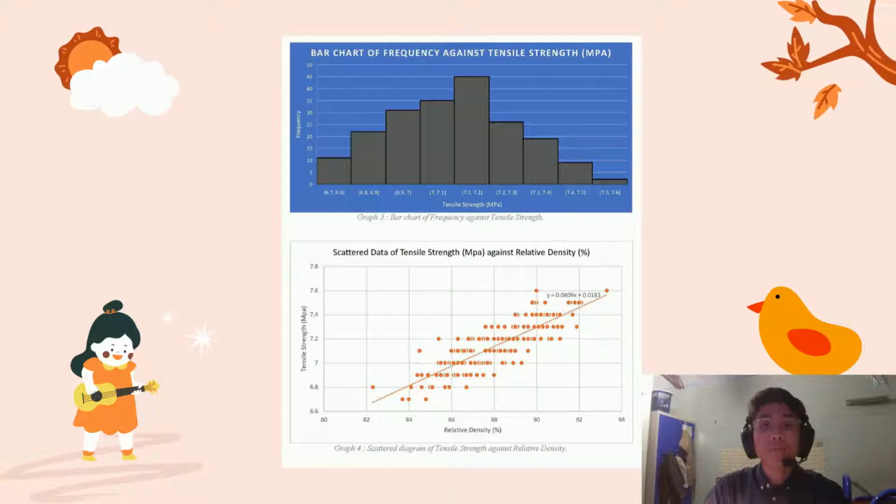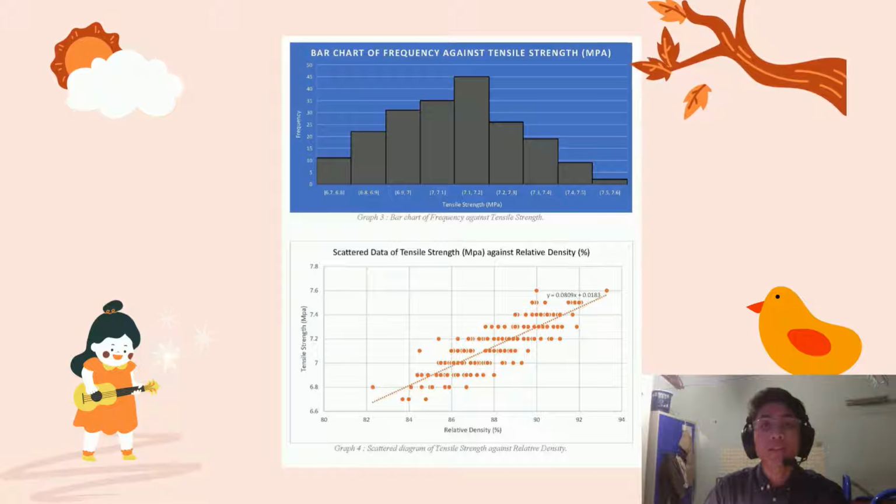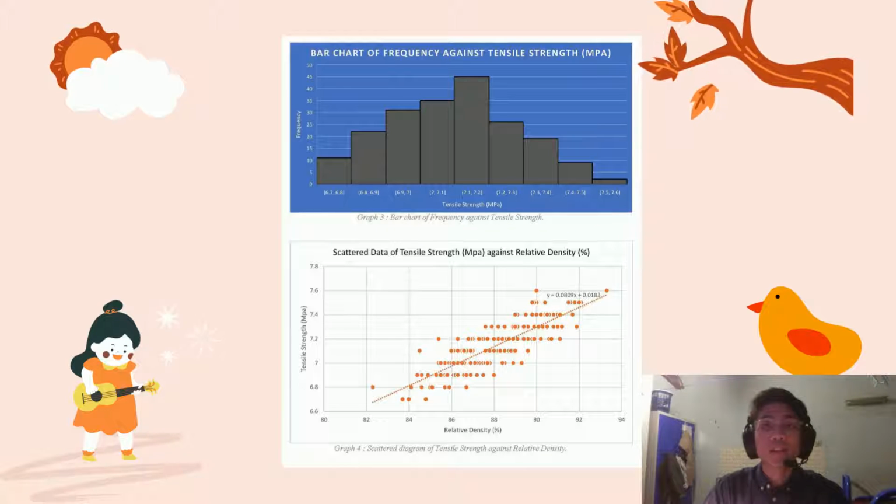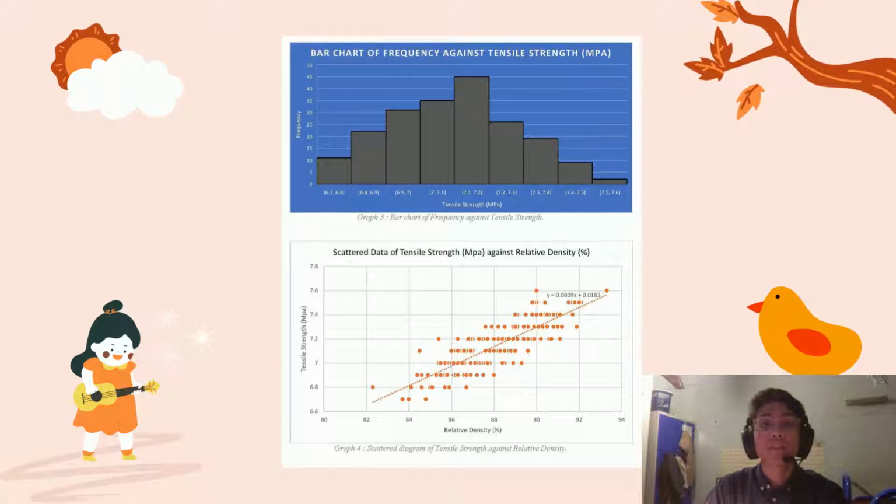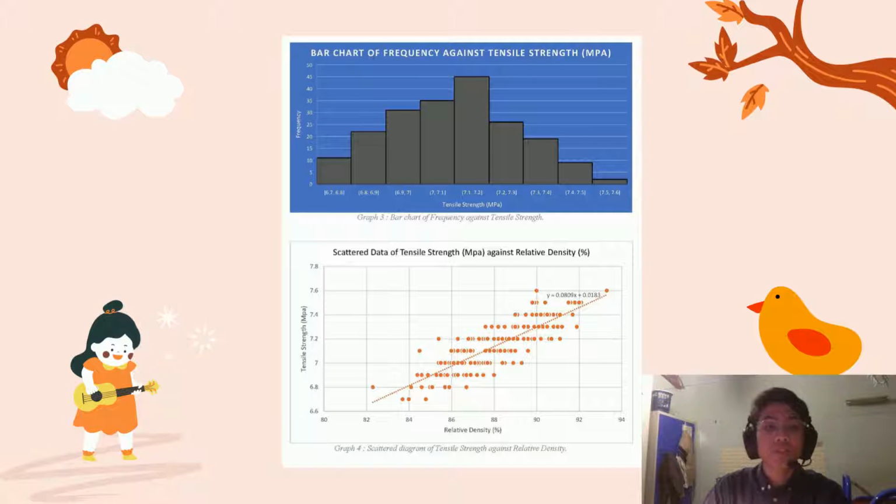Graph 3 is the bar chart of frequency against tensile strength, where the tensile strength represents the independent variable and the frequency represents the dependent variable, which holds the highest frequency of 71, ranging from 7.1 megapascal to 7.3 megapascal. Graph 4 is the scatter diagram of tensile strength against relative density, and it can be simplified in a linear form, with the equation shown below.